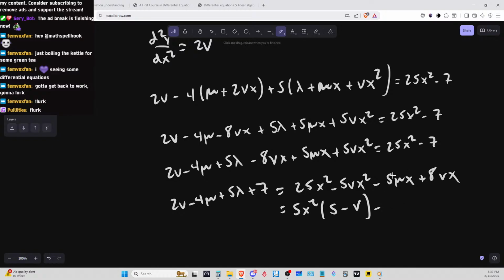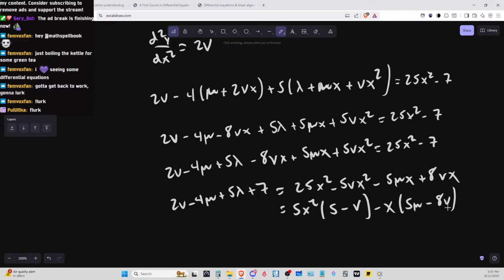This one is just purely x, so we're left with 5 mu nu. Actually, since I took out the, yeah, we'll take out the negative, make it simpler to use.